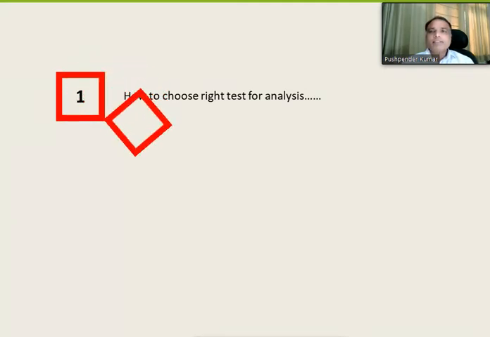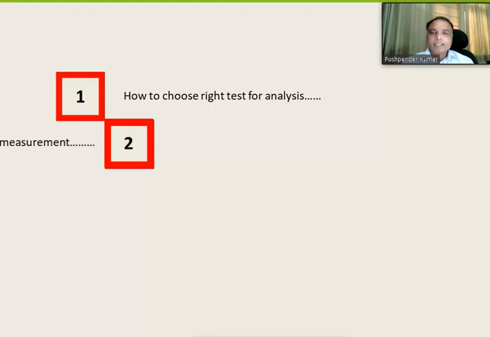Before we discuss it further, let me put some light on the different things we're going to cover today. The main title is how to choose the right test for the analysis. Then we'll talk about the basis on which we select the right test.